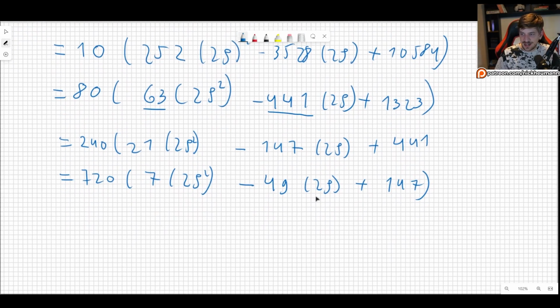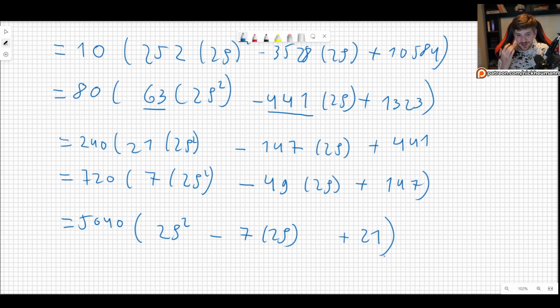Okay, so now this is divisible by 7, this is divisible by 7, and 147 is also divisible by 7. So this would be 720 times 7, which is 5,040, factor of 2 rho squared minus 7 times 2 rho, and then this here would be 21. So there we go.